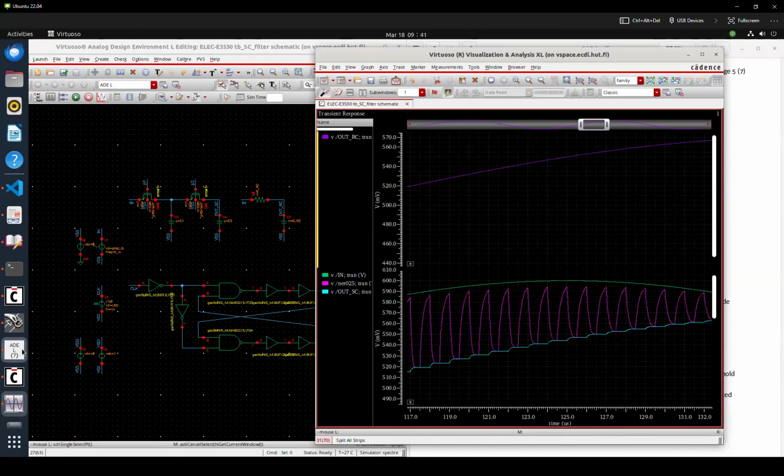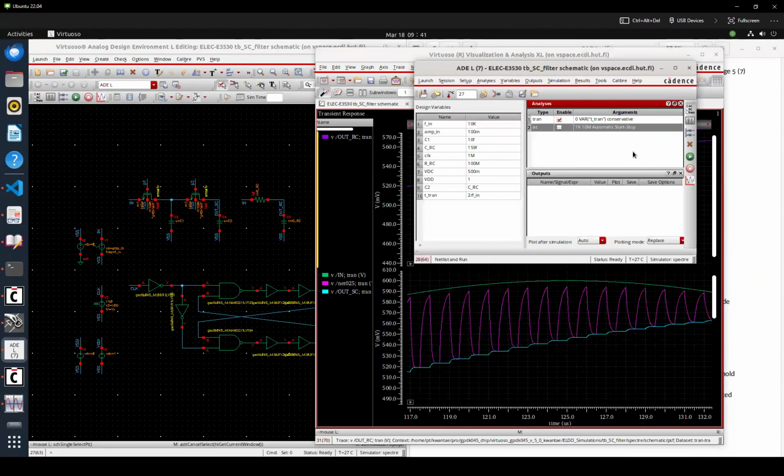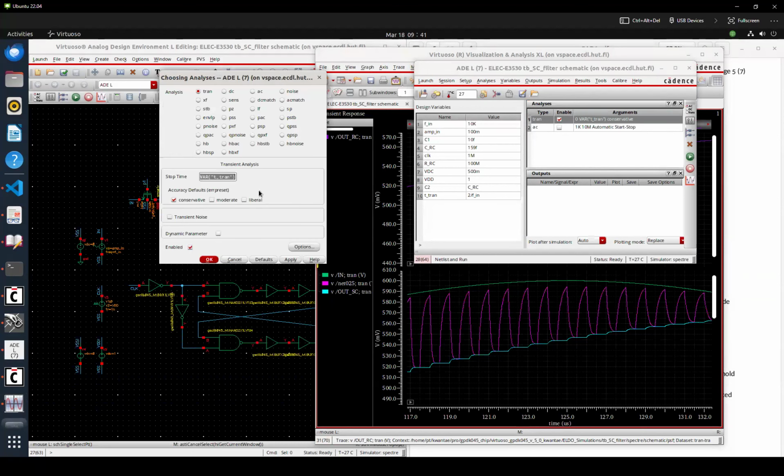So now we can run the transient simulation. For speeding up this kind of transient simulation, you can check this lever. What it means is that conservative is the most accurate simulation setup for the transient, and this lever setting is less accurate than conservative.